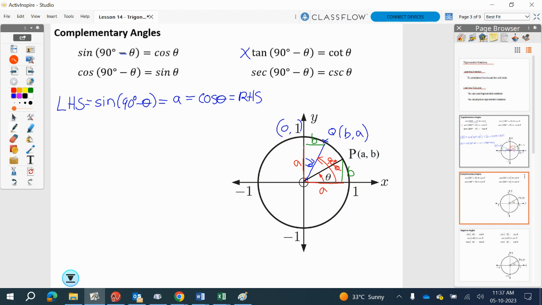Let me tidy up my diagram a little bit. This works.